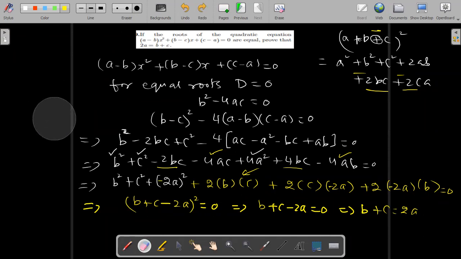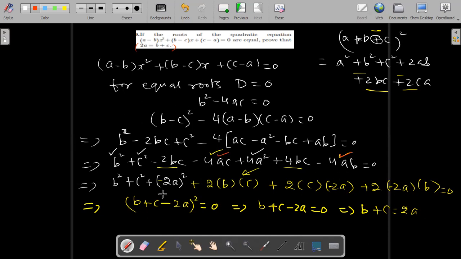So we have to prove this one. We got b plus c is equal to 2a. You should remember that this 4bc plus minus 2bc will become 2bc. And check where two terms are negative. These two terms are negative, this one and this one. And which is common here? A is common.